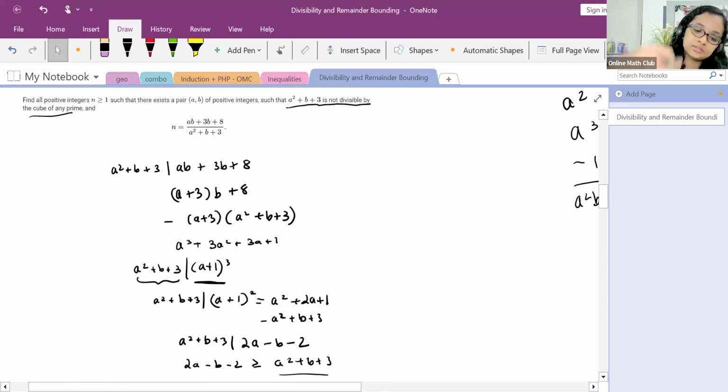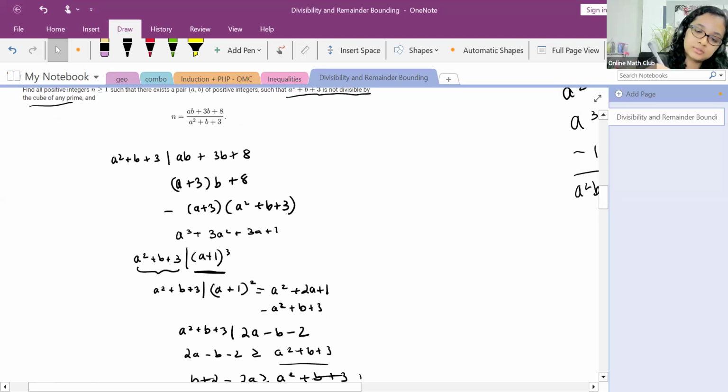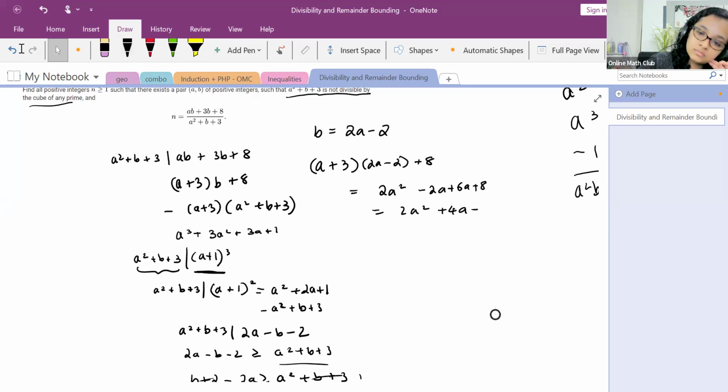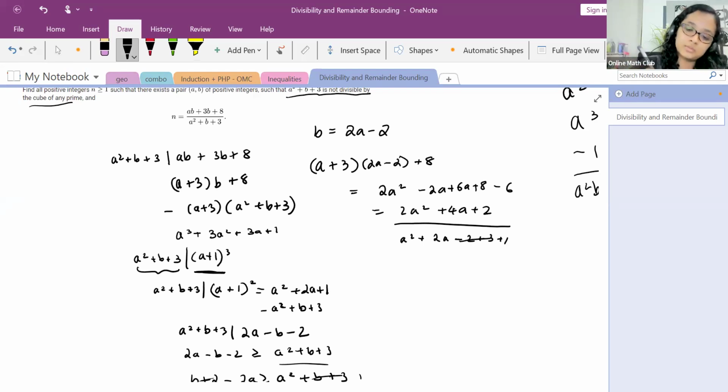And then I think if you just substitute it back in, you get n equals 2.